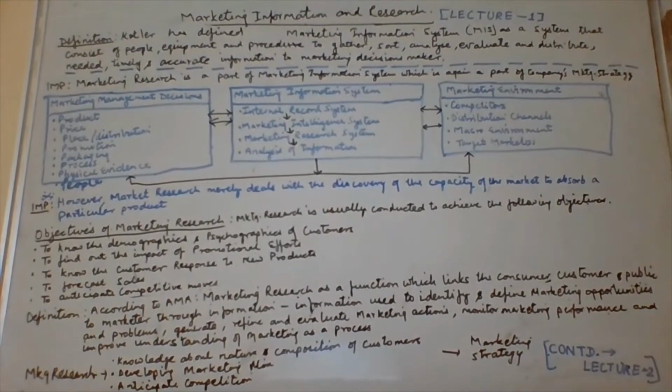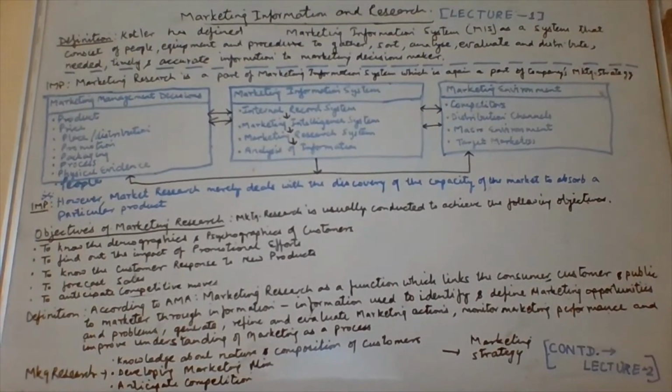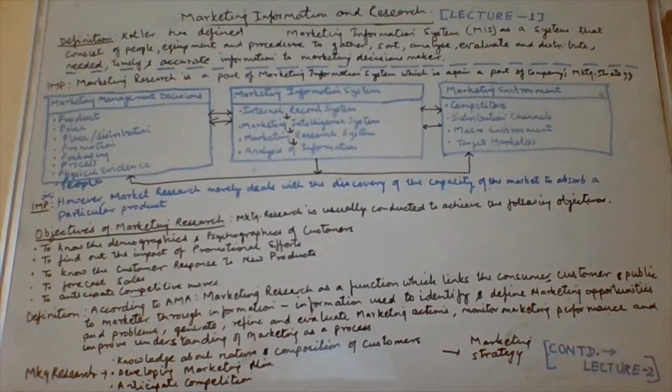These marketing actions are related to marketing planning. Then monitor marketing performance, as to the standards established, and whether the marketing department is working as per the set performance rules or the marketing objectives, and improve understanding of marketing as a process.